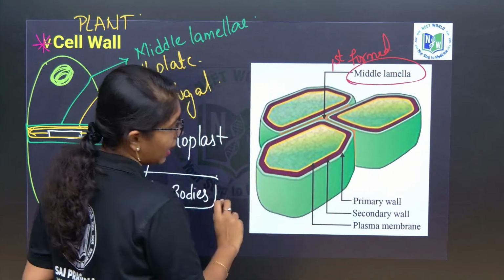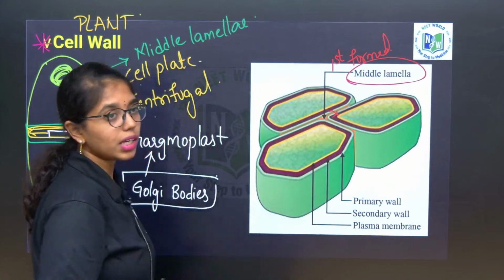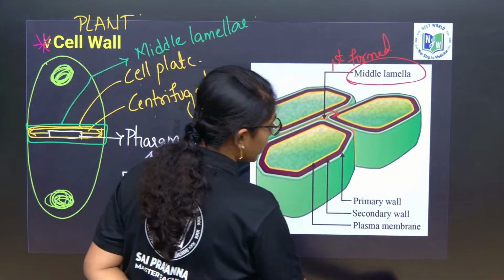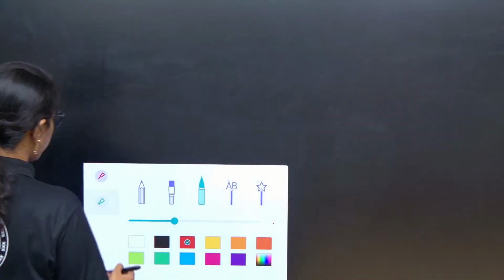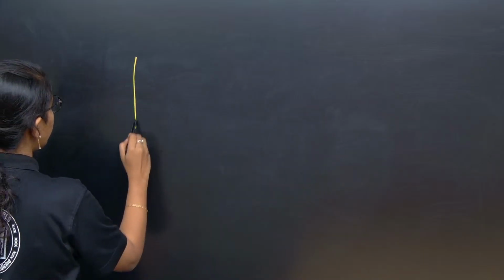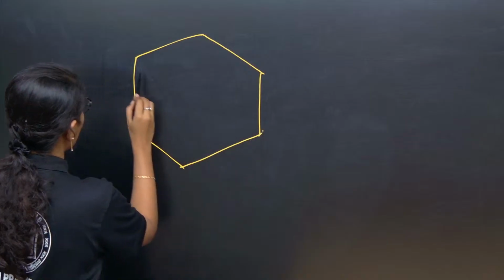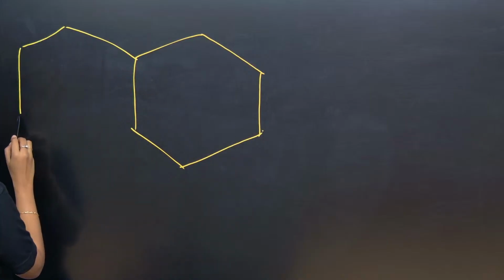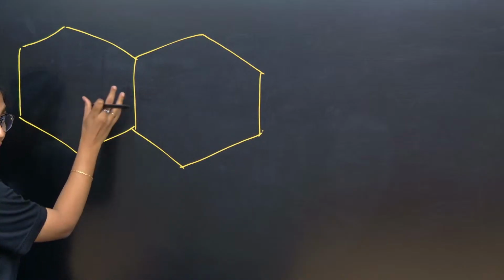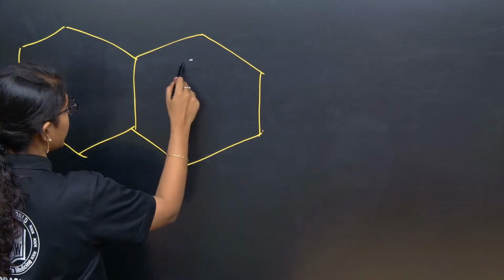Next to the middle lamella, inner to the middle lamella, primary cell wall is formed. Now let us suppose this is the middle lamella which is formed in between two plant cells, the first formed layer, and this is the plant cell in between.